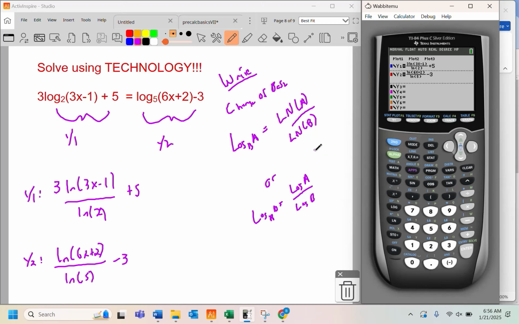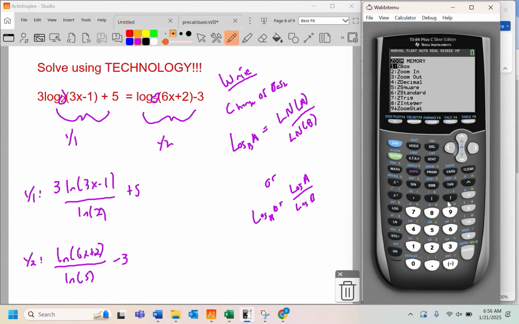Now, I want you to understand that this problem would be ridiculously difficult if it weren't for this, because these bases don't match. It's hard to do by hand. Anyways, we zoom 6, because that's what you're supposed to do. Now, I'm going to make a little note here.